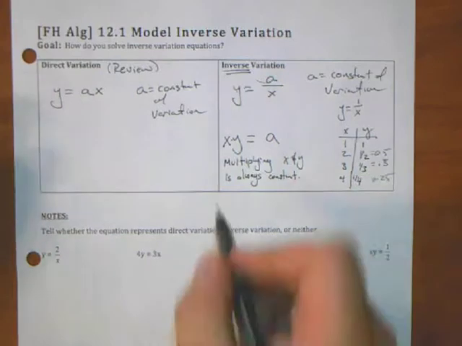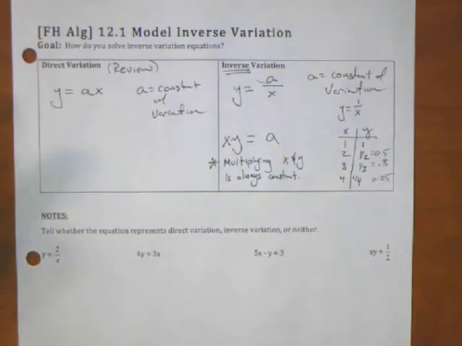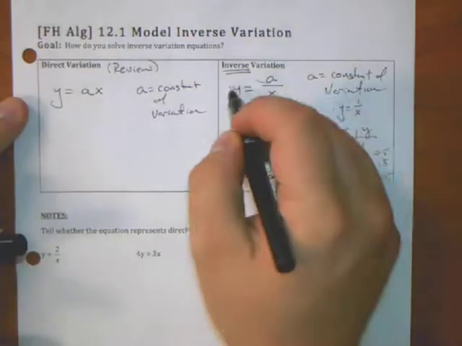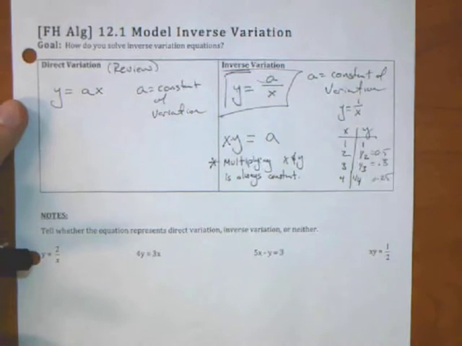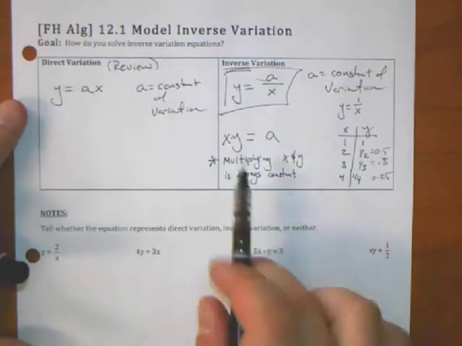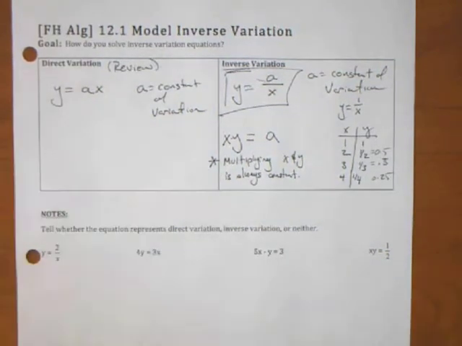This is a pretty important feature of inverse variation equations, and we're going to use that in a little bit. This is our form of the equation, the one we're going to use most often. But this can have its uses when we're trying to find what A is, or when we're trying to understand if a relationship is inverse variation.